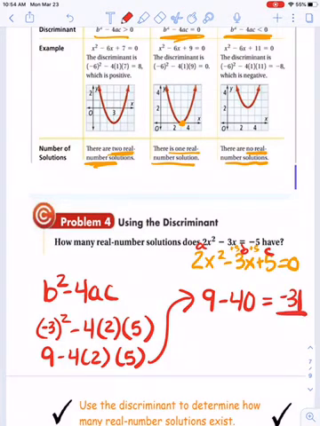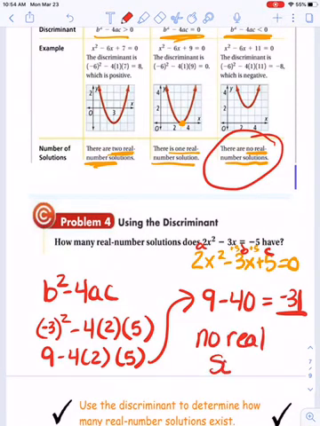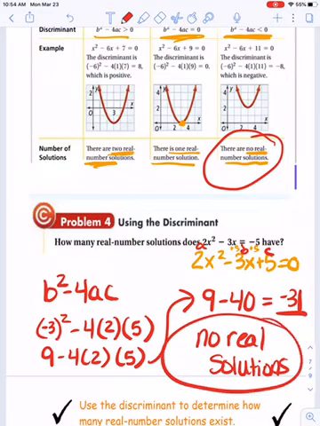This does not tell me what my solutions are. It just tells me how many I have. And since my discriminant is negative, that means I have no real solutions, meaning my graph would look something like this one up here, where it does not cross the x-axis.